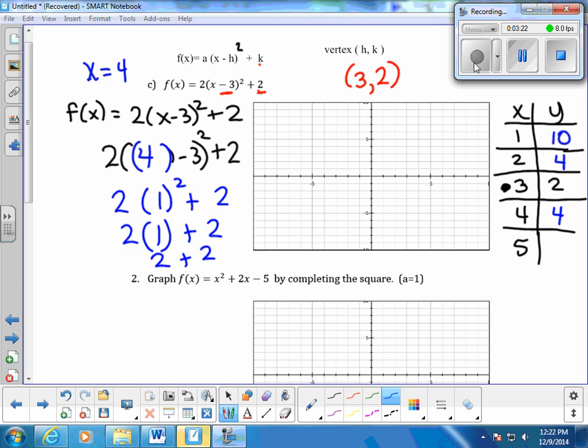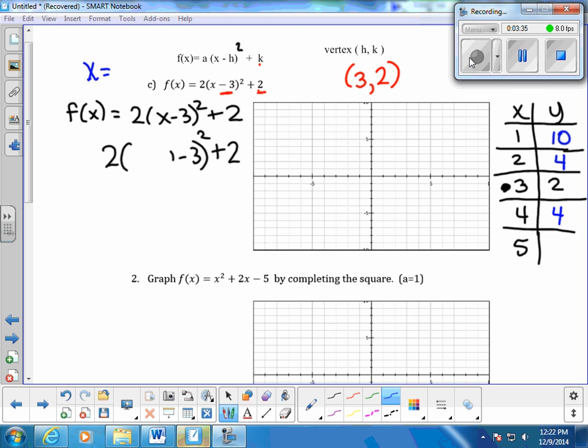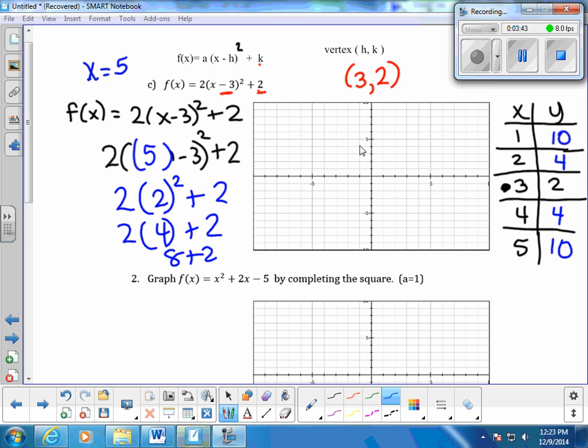And for the sake of time, I just kind of did that in advance. You can pause it and copy the work if you need to see it. So 4 gave us a value of 4. And we'll do the same thing when we let x equal 5. So when we let x equal 5, we're going to plug a 5 in everywhere x is at and then solve this. And you can see here by the steps that we got 10 as well.